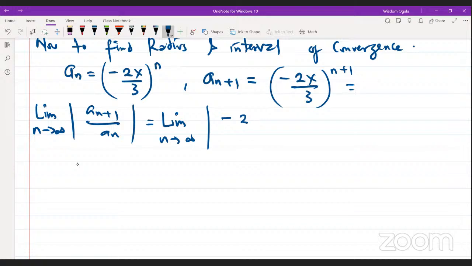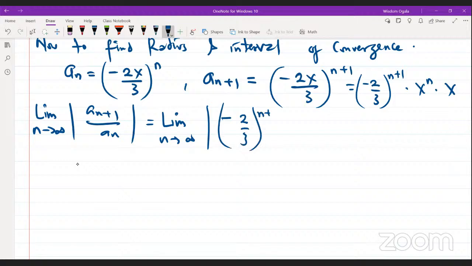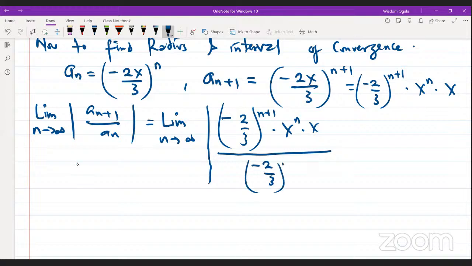Of course, keep in mind, guys, I can simplify this guy to be negative 2 over 3, pull out the constant apart, and then you do have x to the power of n times x. So do the same thing, just plug it right here, n plus 1, dividing this guy by negative 2 over 3, and then x to the power of n.